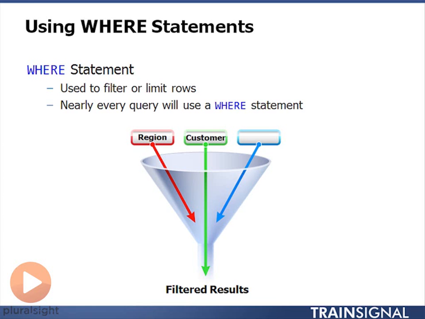I may also be looking for orders from a particular customer. If that's the case, then on the where line, I can say where, for example, customer ID equals the customer ID that I'm looking for. Finally, I may be looking for sales from a particular year. And again, I'm going to add that into my where line.